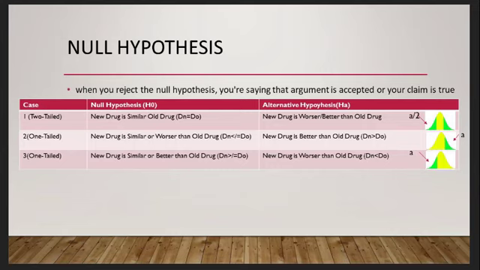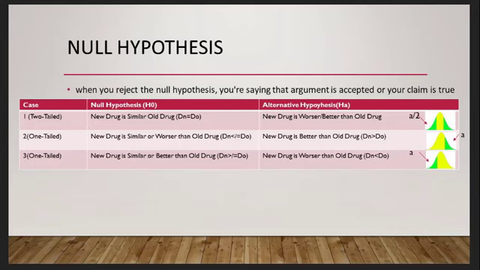Null or alternate. The null hypothesis is an assumption. In a statistical test, it is the hypothesis that there is no significant difference between specified populations, any observed difference being due to sampling or experimental error.